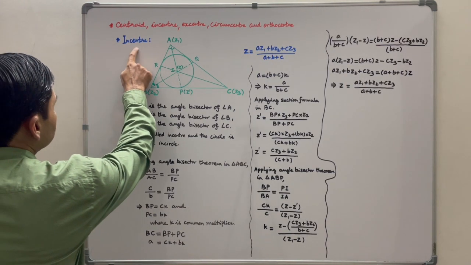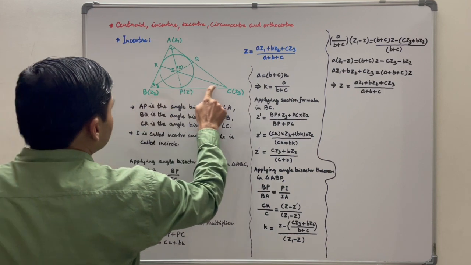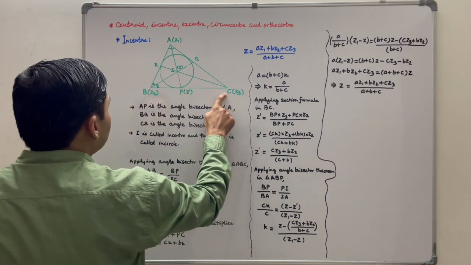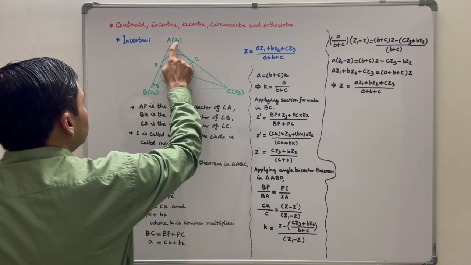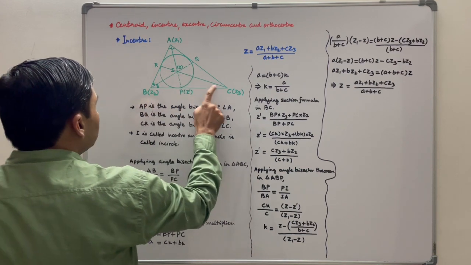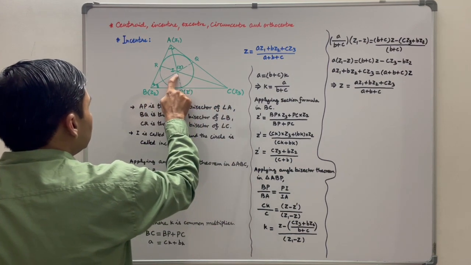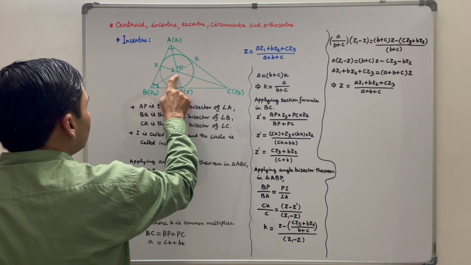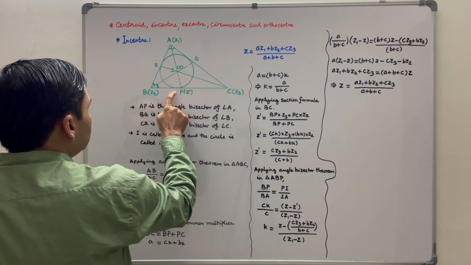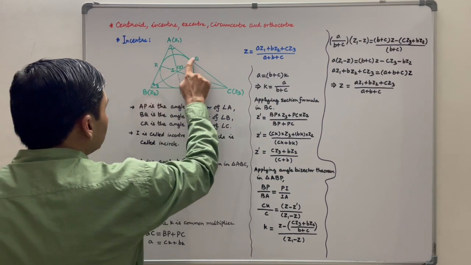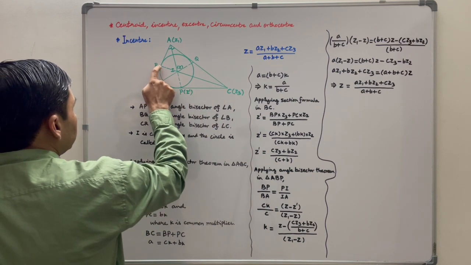Next one is incenter. Suppose ABC is a triangle whose vertices are represented by complex numbers z1, z2 and z3. Incenter is the point of intersection of angle bisectors. In this figure, AP, BQ and CR are angle bisectors.